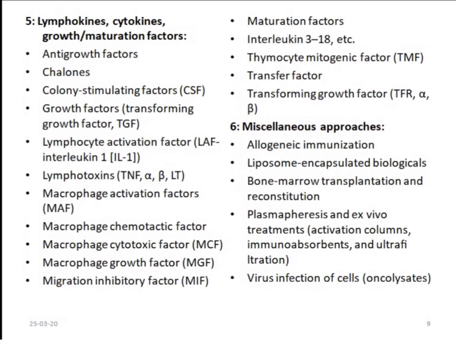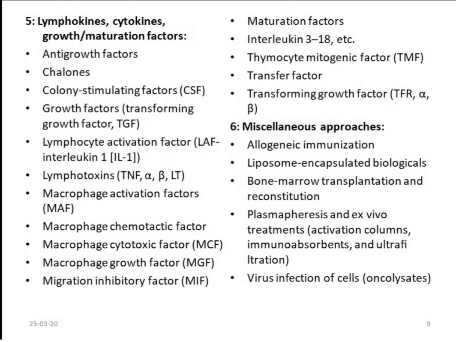Fifth one is the lymphokines, cytokines, growth maturation factors. So a huge list of these agents is there, as well as some miscellaneous approaches which can also be employed. What are these miscellaneous approaches: viruses, infection of cells, right? So here viruses are being used to do that particular job.